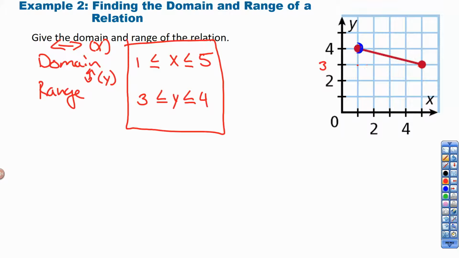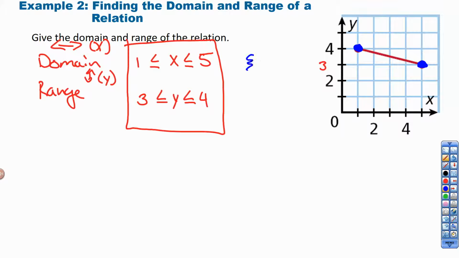If I didn't give you the line, and I just gave you this point and this point, the blue points, what would our domain be?